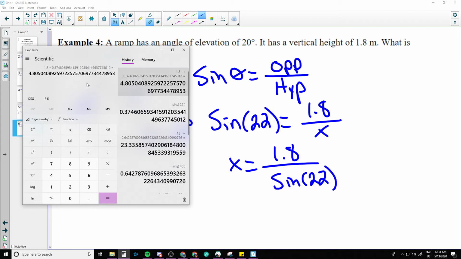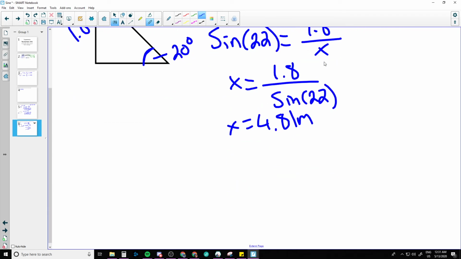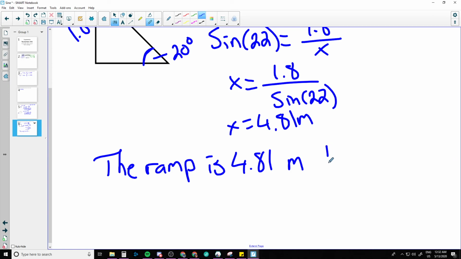And that gives us 4.81 meters. And it's a word problem, so we need to give it a word answer. So the ramp is 4.81 meters.